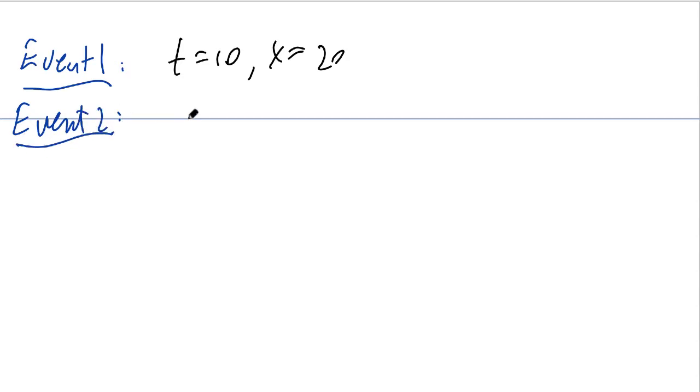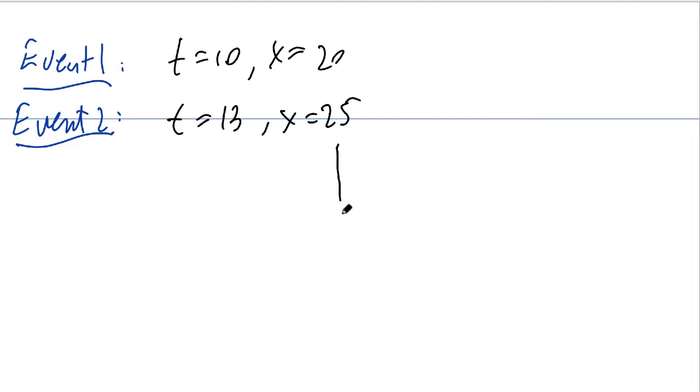So let's look at the following two events. Event 1 is given by t equal 10, x equal 20, and event 2 has coordinates t equal 13, x equal 25.